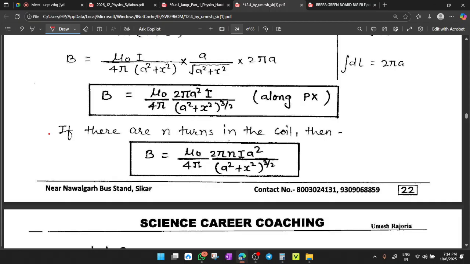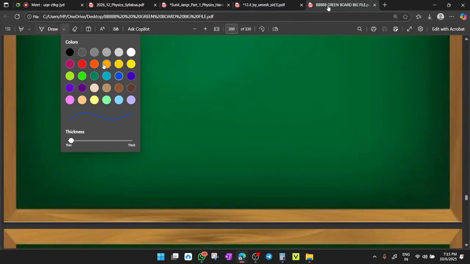So if there are n turns, then the magnetic field, or magnetic induction, or magnetic field intensity, is given by mu naught upon 4 pi, 2 pi n I a square upon a square plus x square whole to the power 3 by 2. So please, I ask you once again to write this result. What is B?